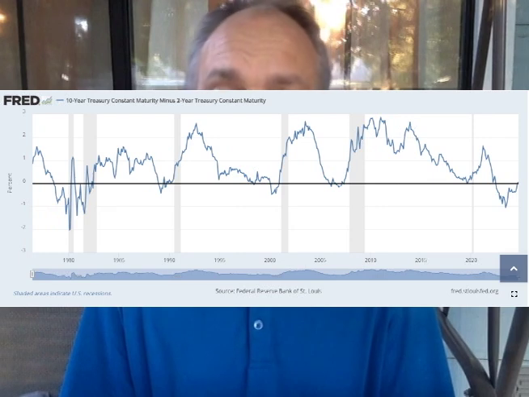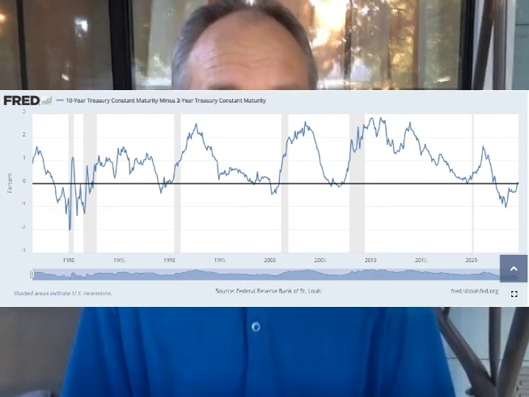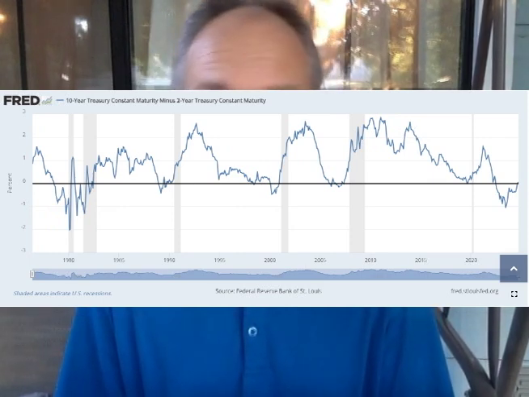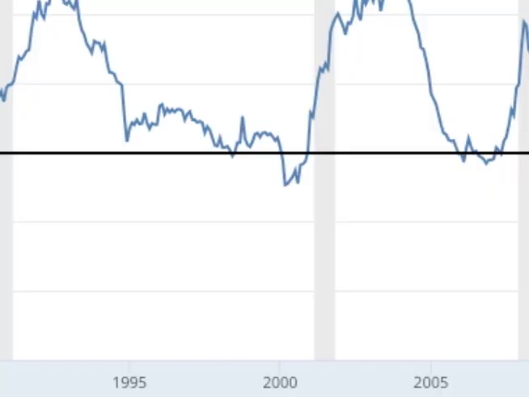The periods of economic recession are sometimes preceded by a negative 10-2 yield spread, or an inverted 10-2 yield spread. And if you zoom in, you'll see that it'll dip below, it'll come back up, and then some 3 to 6 months later, you'll have a period of economic recession.